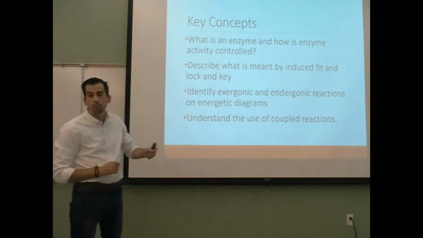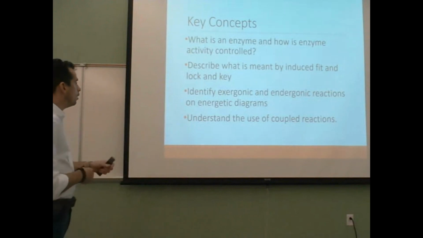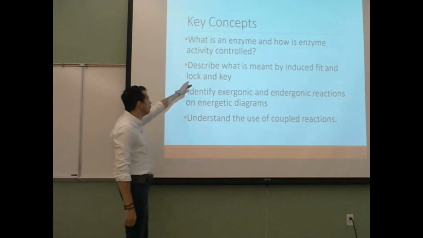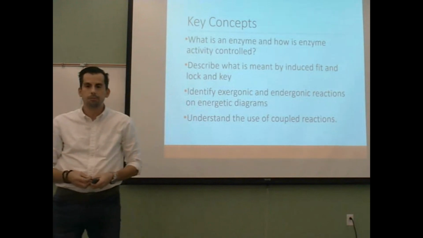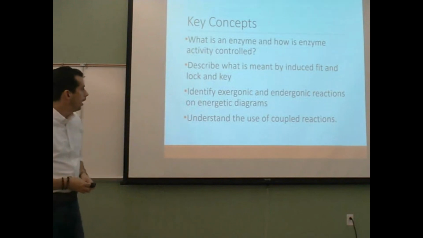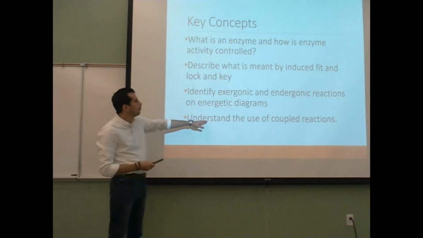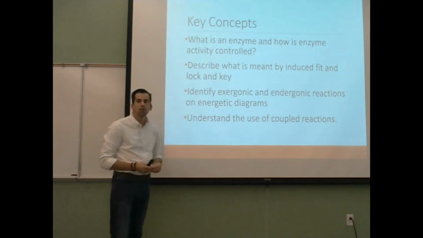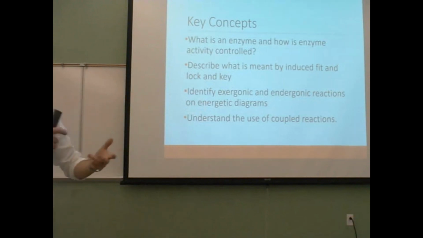Remember, end product inhibition was our biggie there. You should understand our two models of enzyme activity, what they describe. And finally, the concept of coupled reactions combined with endergonic and exergonic energy inputs and outputs, how they fit together to drive the energy through these systems.